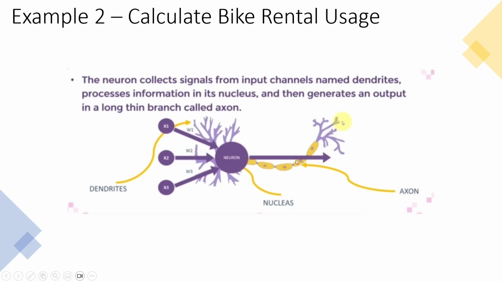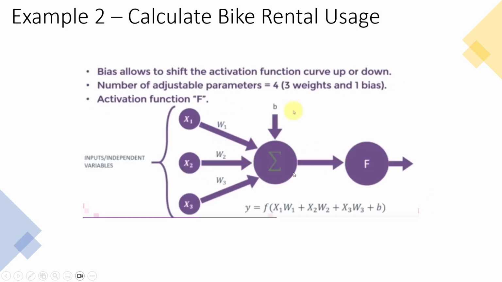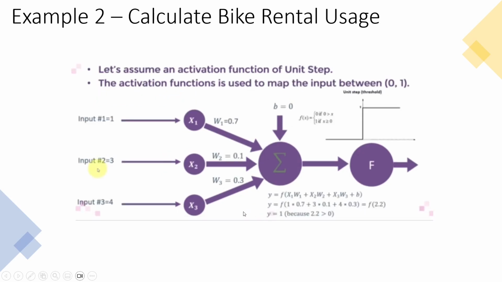This is the neuron itself. This is the output. You should remember all this stuff. That's the bias. These are the weights. This is the input. This is how we evaluate these. And we have either step functions or other activation functions.